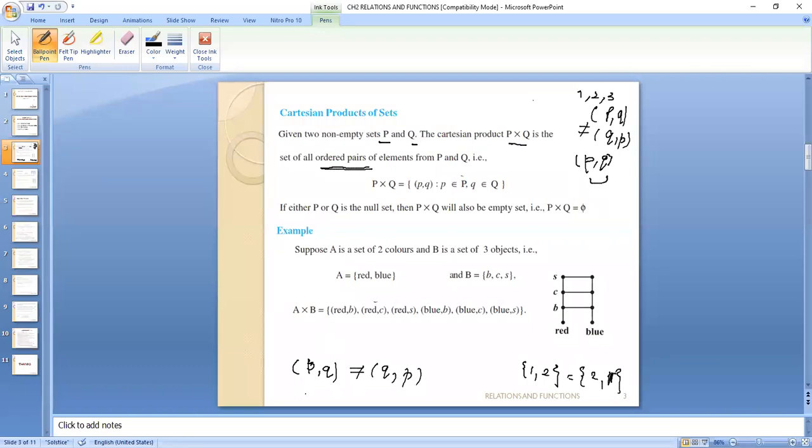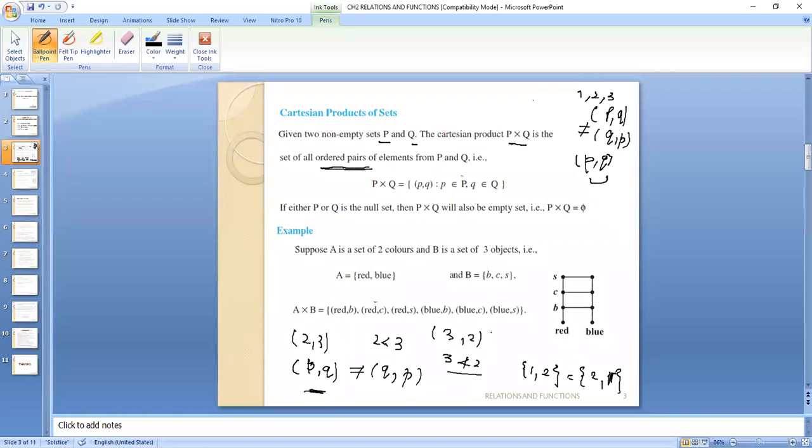Why does ordering matter? Because this order is representing a relation. If I'm saying (2, 3) and the relation is less than, that means 2 is less than 3. Now for the same, can I say it is (3, 2) with the relation less than? No, because 3 is not less than 2.